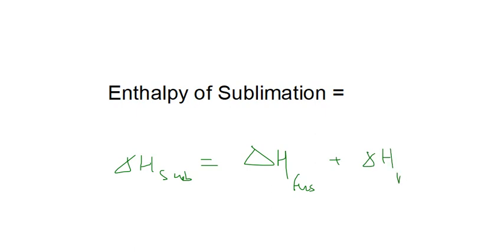Sublimation is a bit different, where the enthalpy of sublimation is equal to the enthalpy of fusion plus the enthalpy of vaporization, because sublimation is when a solid goes straight from a solid to a gas. So say we had a solid here.